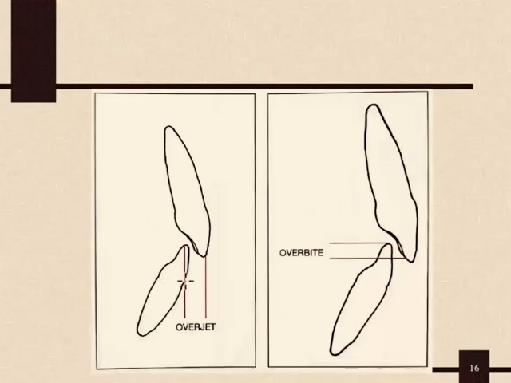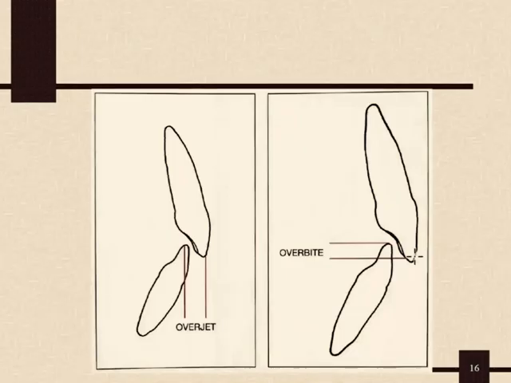Now, we can have it as horizontal and we can have it as vertical. The vertical relationship between the lingual surfaces of the maxillary central incisor with the facial surface of the mandibular incisor is called the overbite, and it is a vertical relationship.